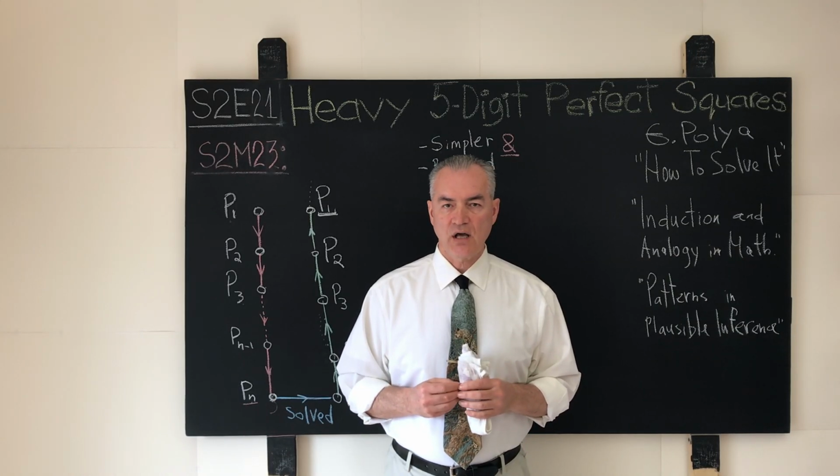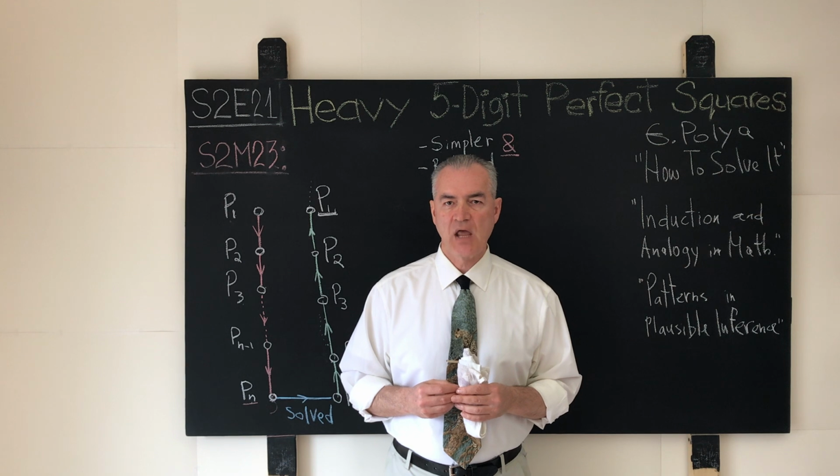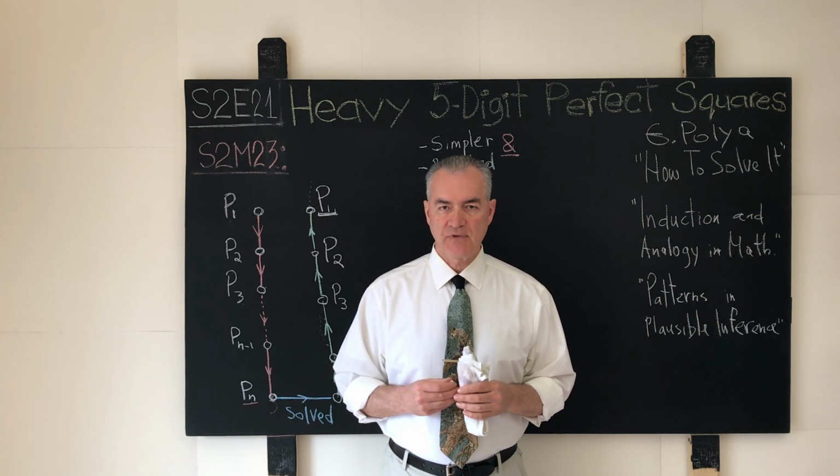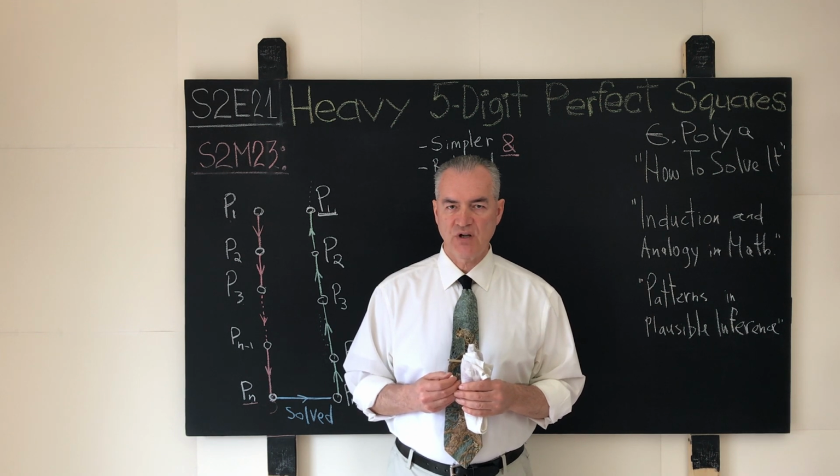Now that we understand how the description of the scope reduction or reduce and conquer problem-solving approach works, let us try to apply that problem-solving approach to the mathematical problem S2E23.